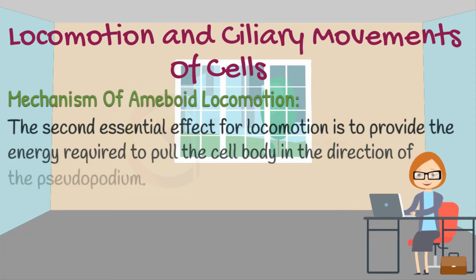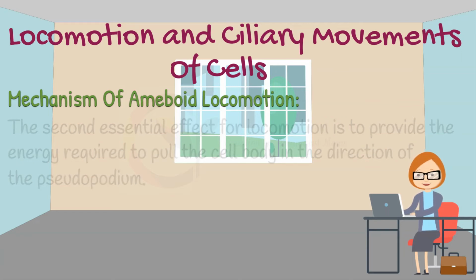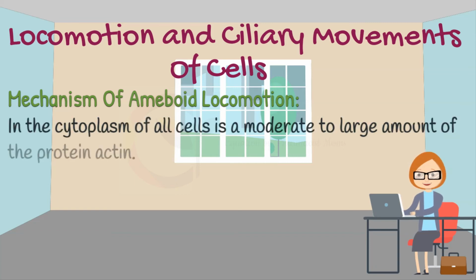The second essential effect for locomotion is to provide the energy required to pull the cell body in the direction of the pseudopodium. Experiments suggest the forthcoming as an explanation. In the cytoplasm of all cells is a moderate to large amount of the protein actin.